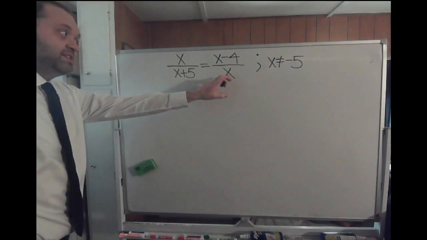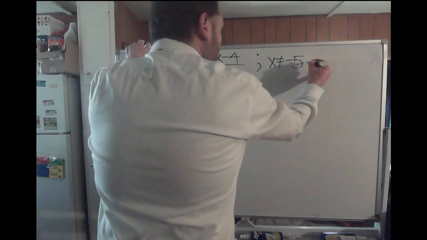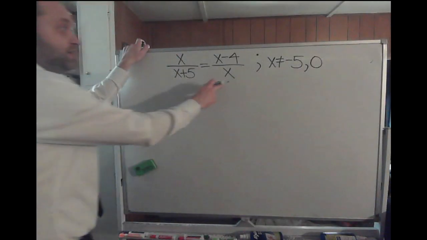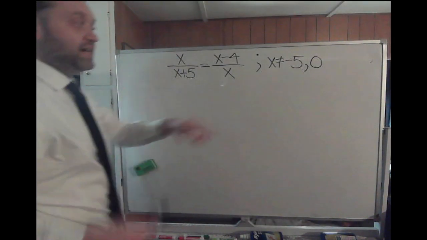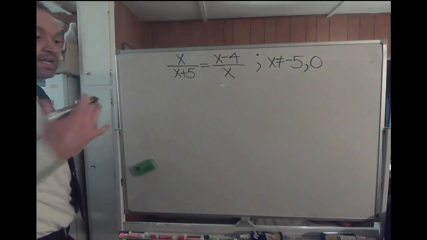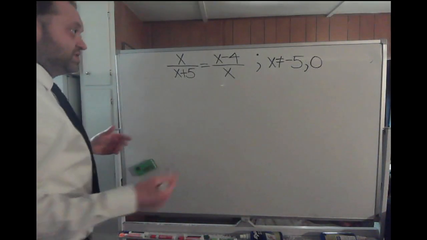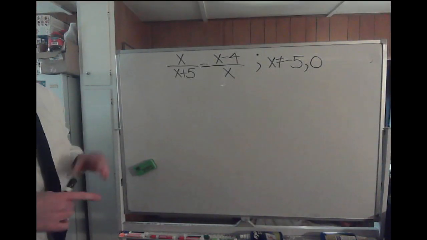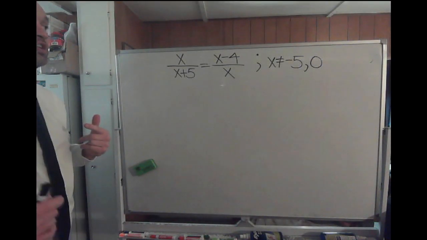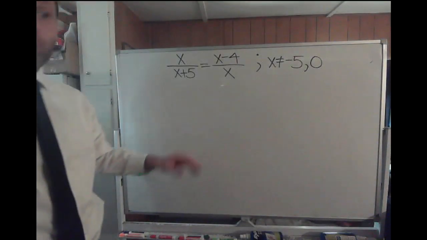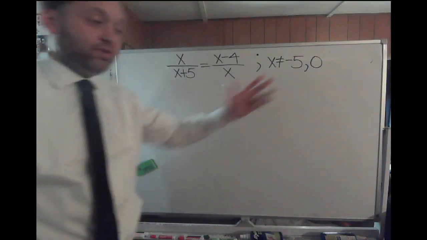And then obviously the second denominator, x equal to 0, that also wouldn't work because you would have a 0 denominator. So as long as x is not equal to negative 5 or 0, we're good. If you get either of those solutions, you have to discard it. And in some of these, when it turns quadratic, you could have the normal 2 solutions. You may only have one solution because you have to throw out one of the results, or you could have no solution if you get both of those.